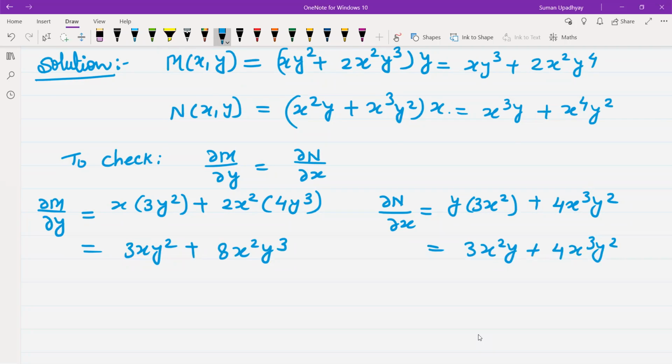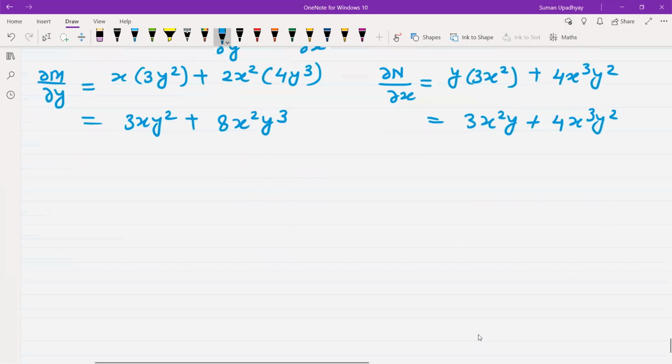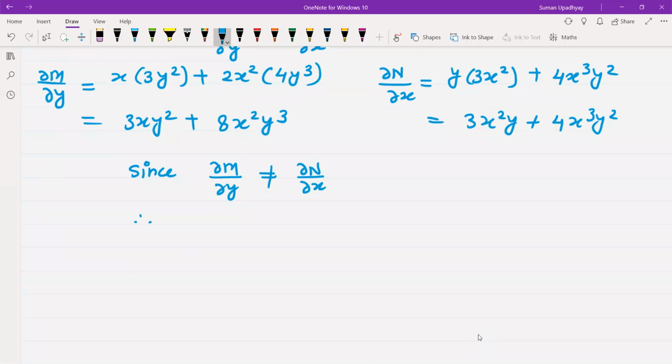Are they same? No, ma'am, they are not same. So what I will say? Since ∂M/∂y is not the same as ∂N/∂x, therefore the given differential equation is not exact.